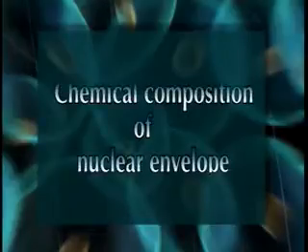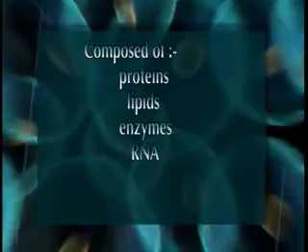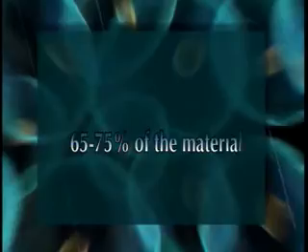Now, what is the chemical composition of nuclear envelope? Nuclear envelope is composed of proteins, lipids, enzymes, RNA, DNA, and carbohydrates. The predominant constituent of the envelope is protein, making up 65 to 75% of the material.